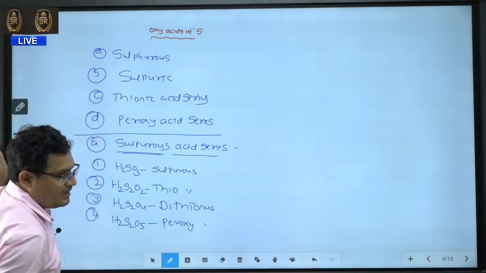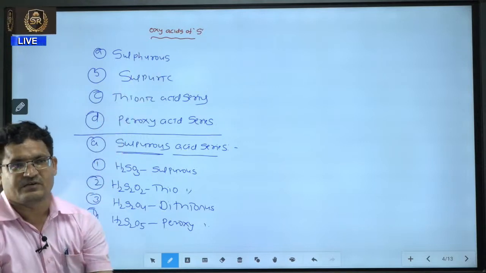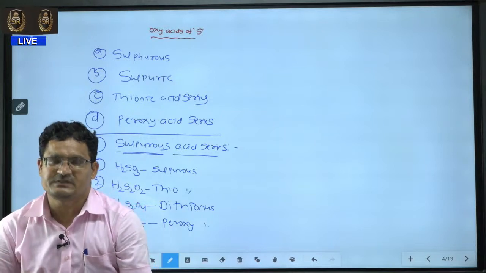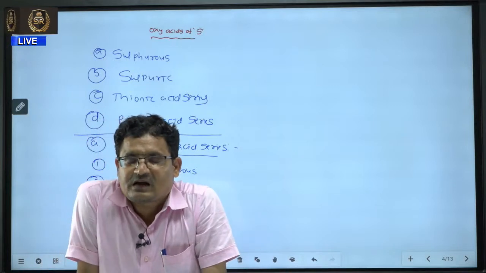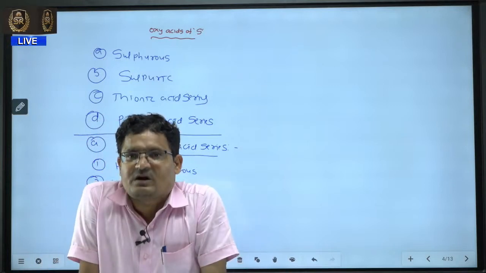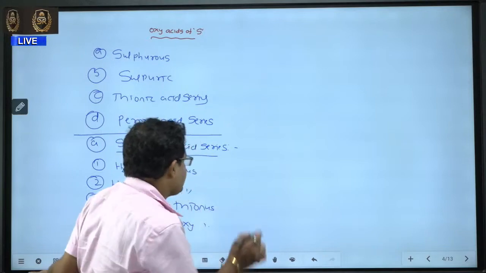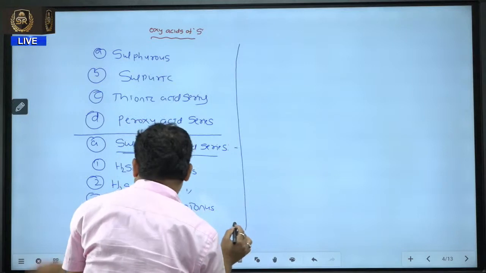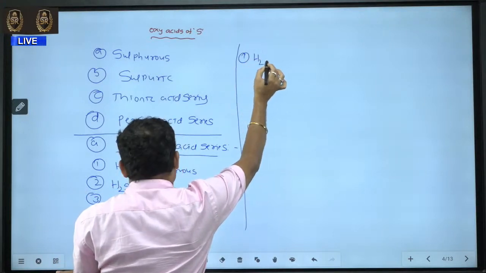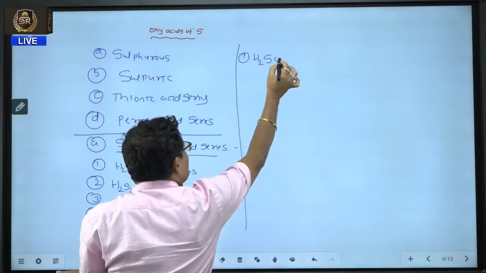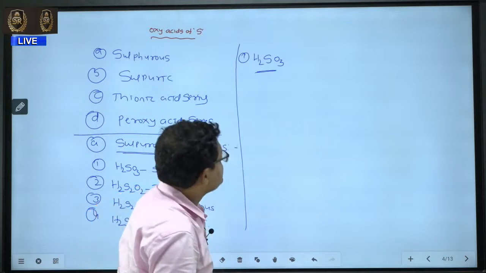Now we discuss one by one. Among these oxy acids of sulfur, all undergo sp3 hybridization only. The shape of the molecule is at most tetrahedral. First let us discuss H2SO3, which is sulfurous.